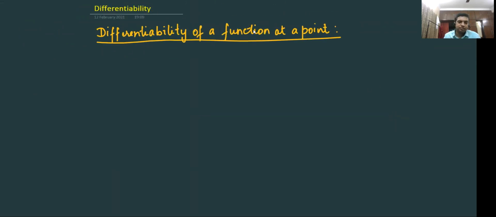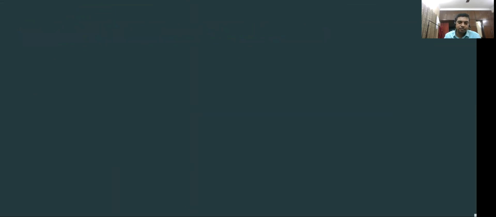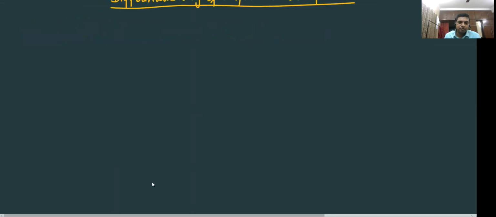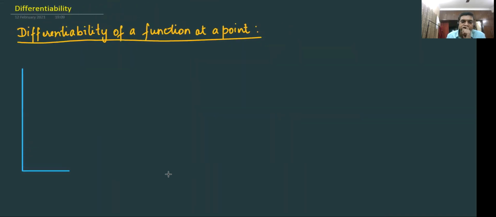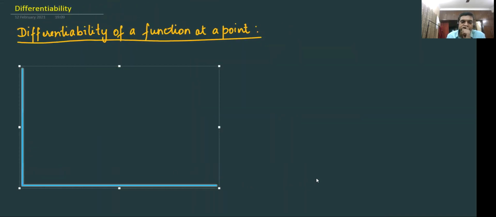So let's consider, let this be the x-axis and y-axis. Now let this be a curve, some curve.